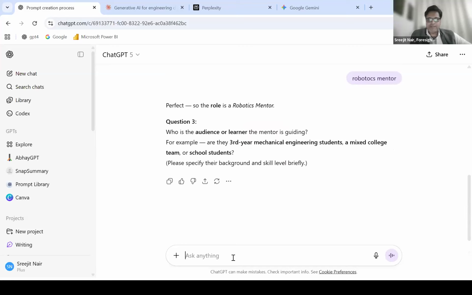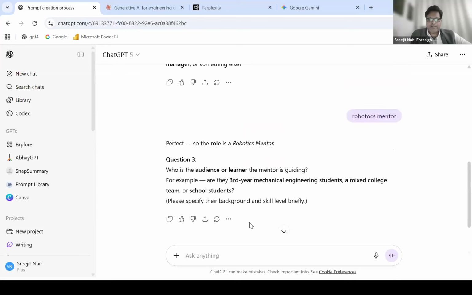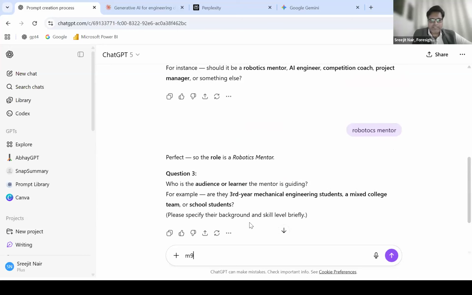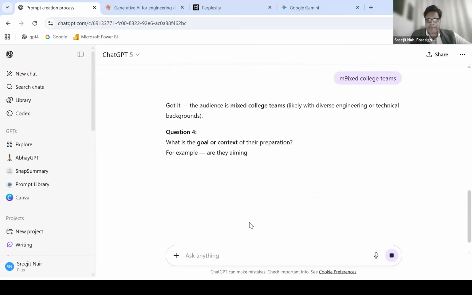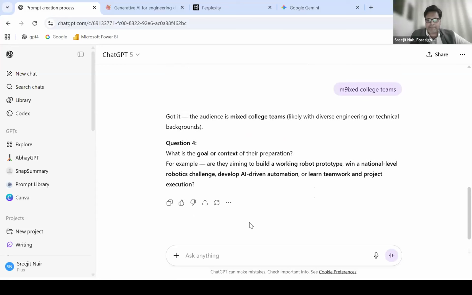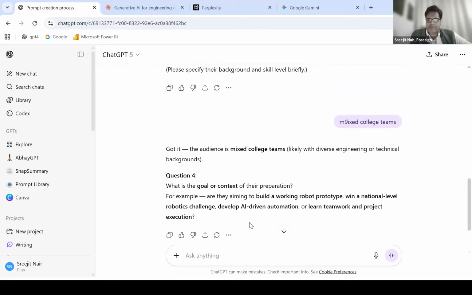Who's the audience? So mixed college teams and a working robo prototype might be something that I might be looking at.